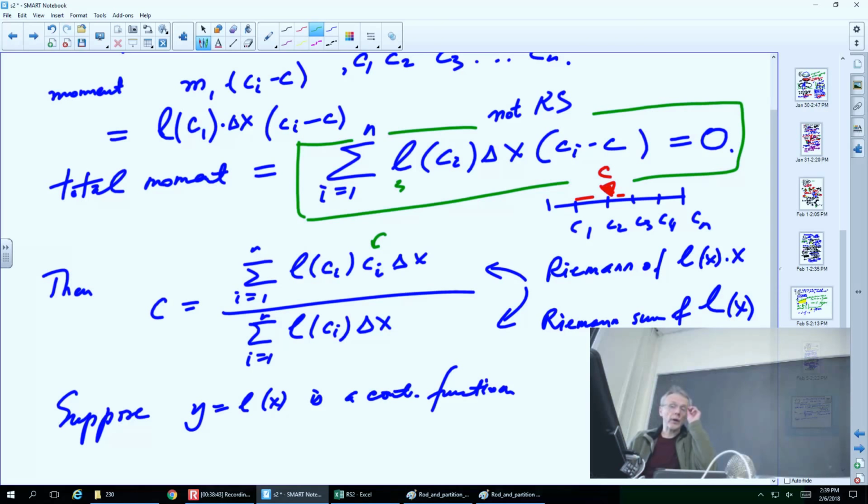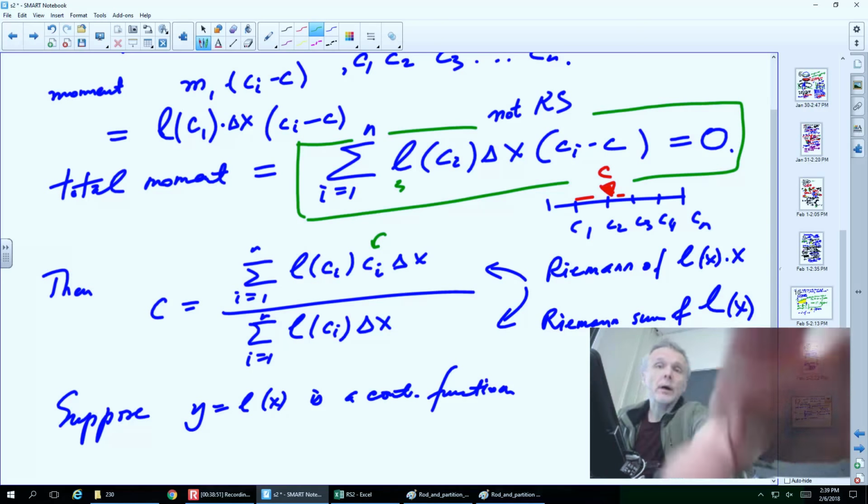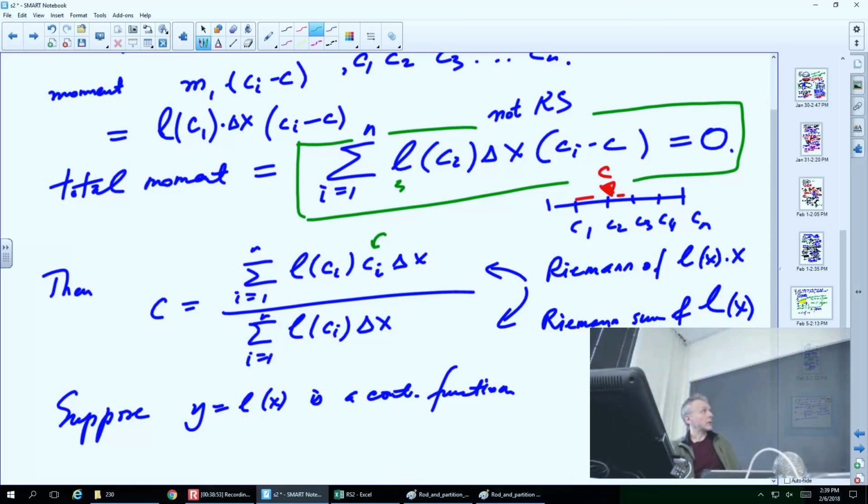We are refining those partitions of our interval, not only to determine the weight, giving us better and better estimates of the weight as those delta x's are smaller and smaller, but it will also give us better and better moments. And the trouble is, of course, you have infinitely many weights, infinitely many moments as well. So both of the sums will turn into integrals.